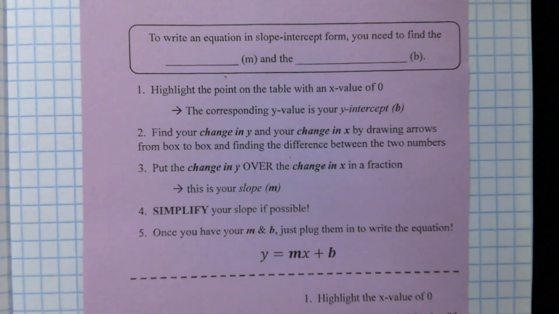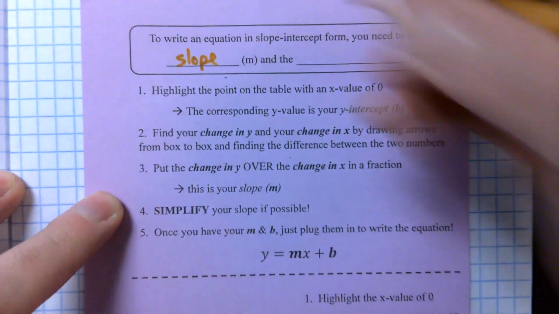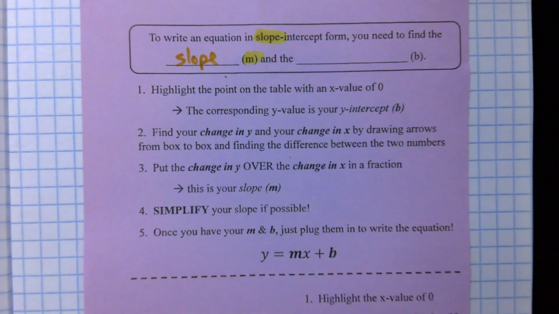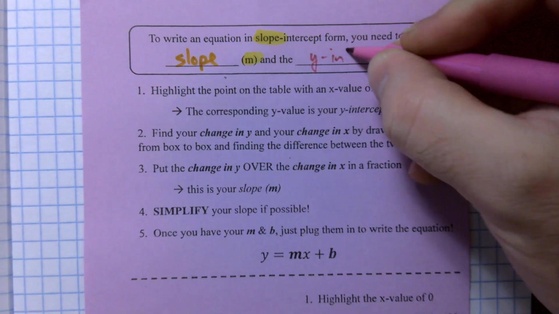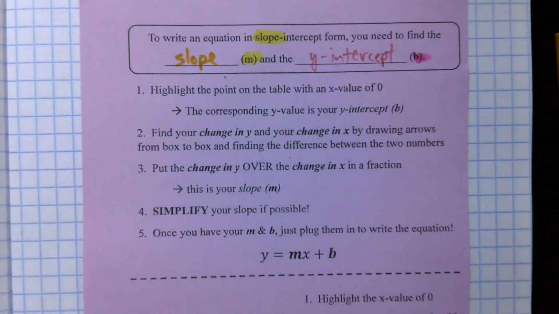So if I'm writing an equation, once again, repeating the same thing because it's that important, I need to find the slope, which is M. And I need to find the y-intercept, which is B. So when I have a graph, the first thing I do is look for where my two lines intersect, and I know that that point is my B. So here with the table, the first thing I'm going to do is look for an x value of 0.